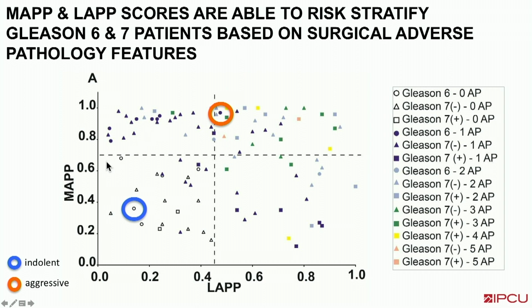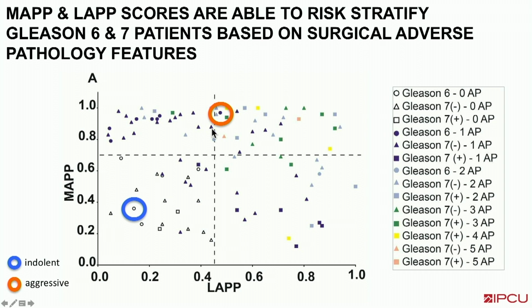So here is a real practical application of this technology. You can see here are two Gleason scores that are illustrated. The blue score represents a Gleason 3+3 tumor that has no adverse pathology. And you can see it scores low on a MAPP and a LAPP score.